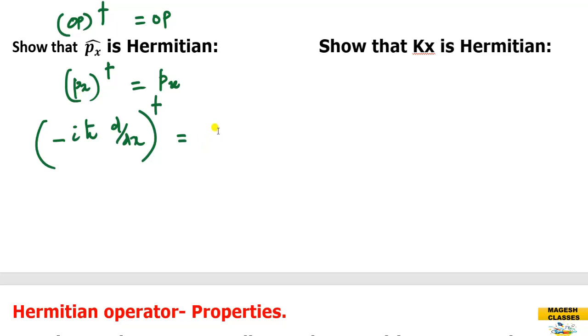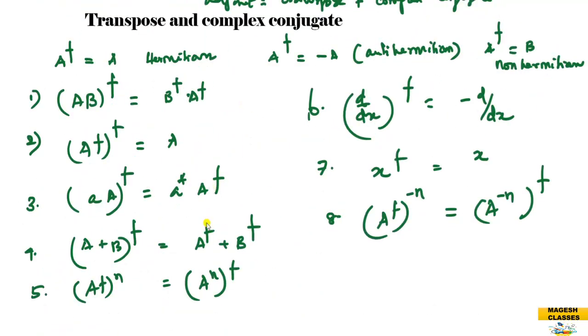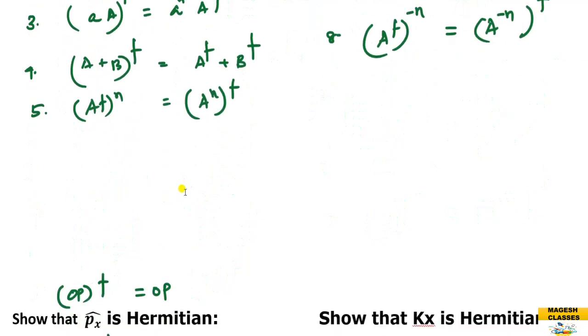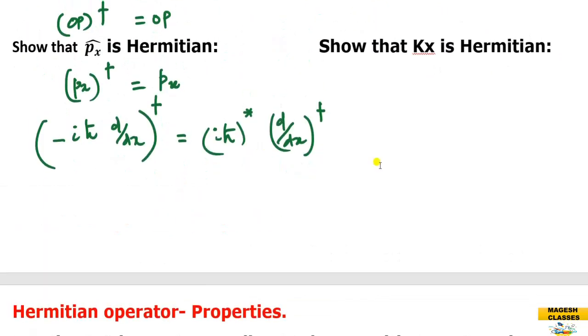So this is equal to the constant, that is i h cut, complex conjugate, and d by dx adjoint. The constant is represented by its complex conjugate, that is a star. Now you find the value of minus i star. What is the complex conjugate value of minus i?